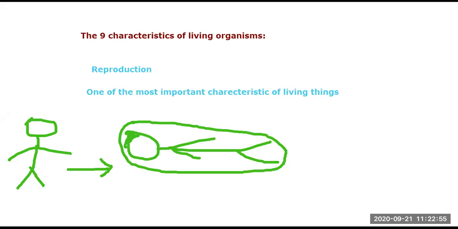So you see how important reproduction is for us. If you can't reproduce, you will be the first or the last, or you may be the first and the last. So reproduction is one of the most important characteristics of living things.